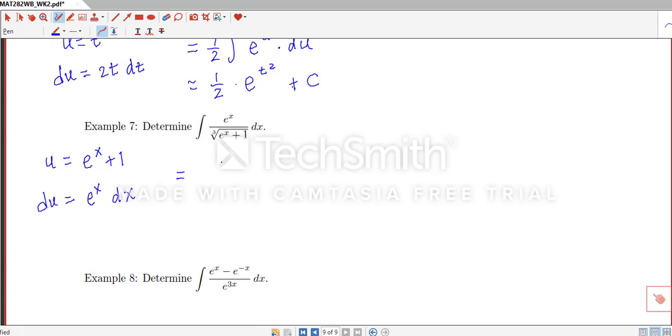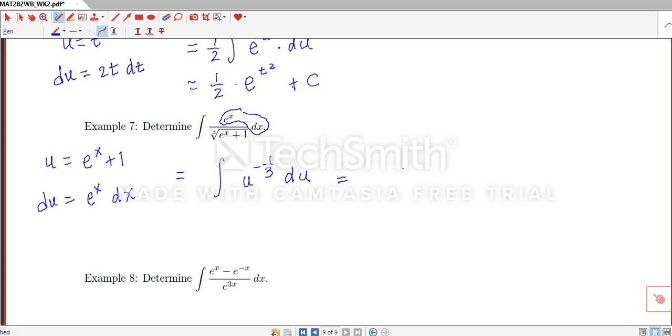Now we can substitute everything in the integral. e to the x dx will be replaced by du. e to the x plus 1 is u. And it's 1 over the third root, so the power is negative 1/3.